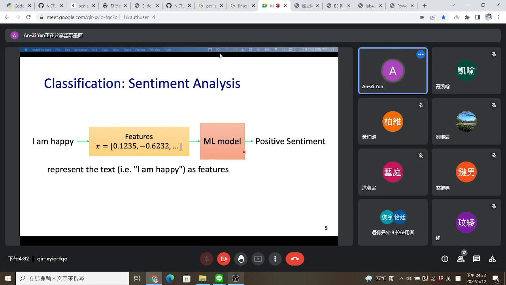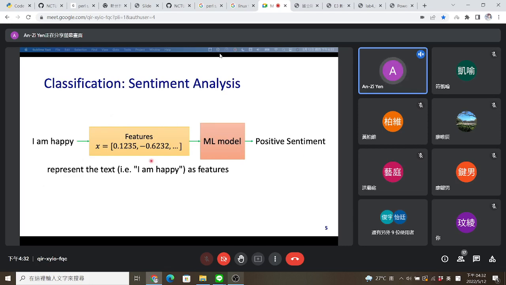And finally, we will be able to make our predictions. So this is the step that is required for us to classify a text. And here is a tweet with the content "I am happy." Given this tweet, we should classify it as either positive sentiment or negative sentiment.